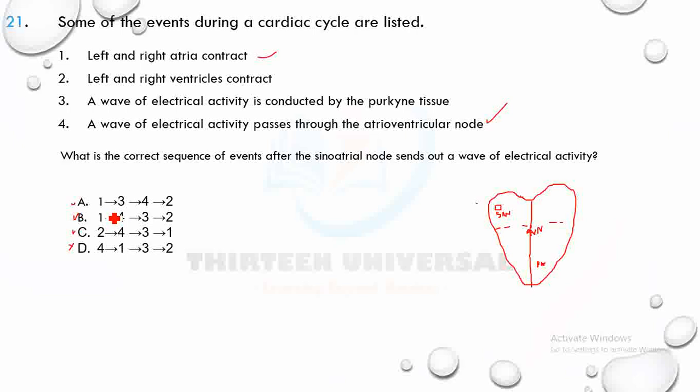It's only B that has 1 first and 4 second. Then of course it's carried from the AVN to the apex by the Purkyne tissue, and after that it moves up the left and right ventricles. So 2 is the last one, so B is the answer.